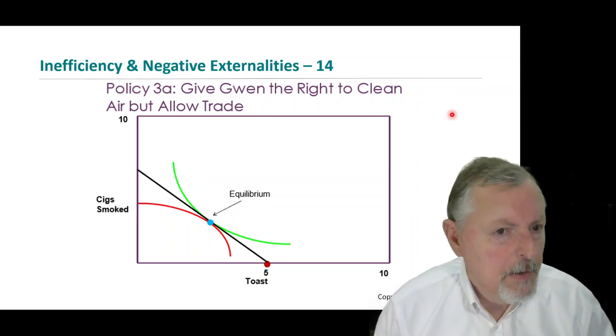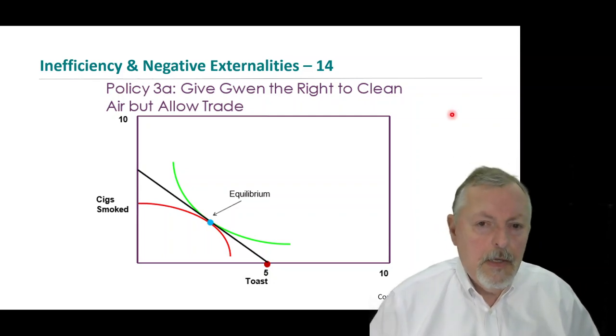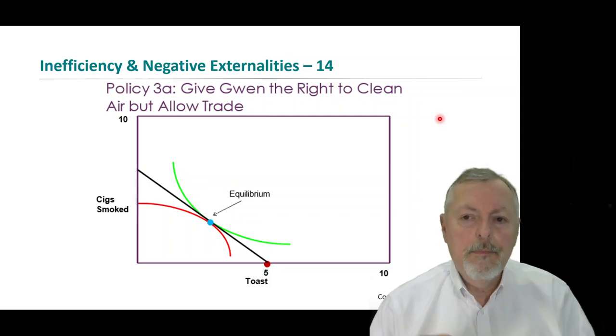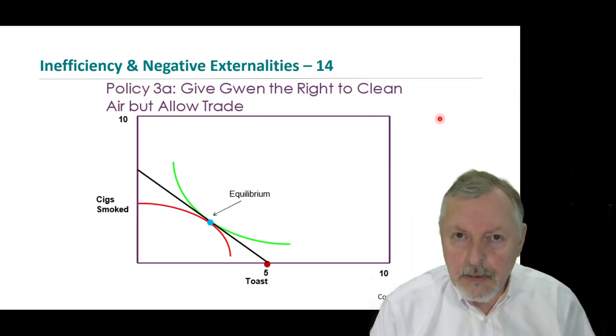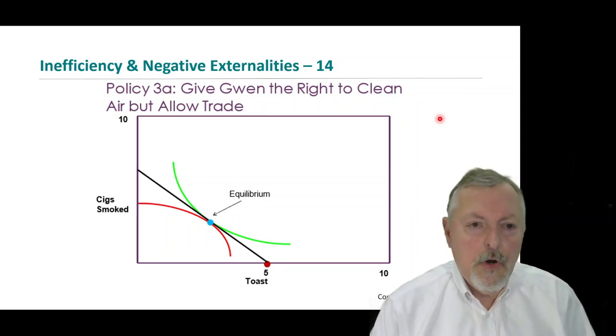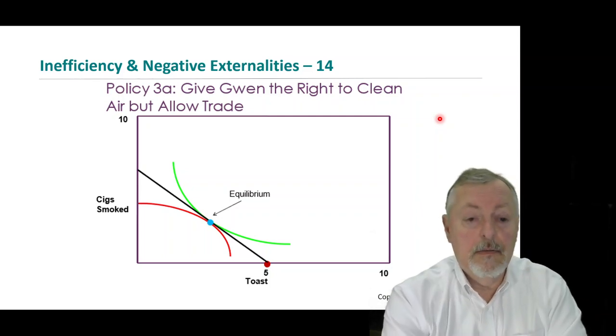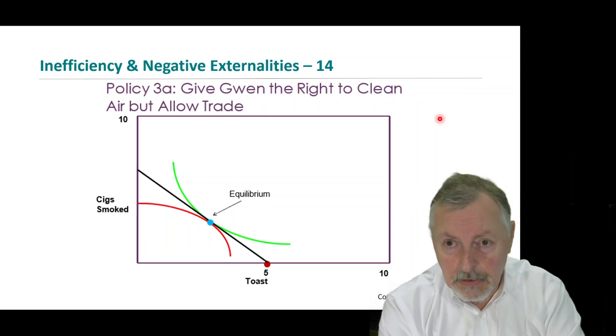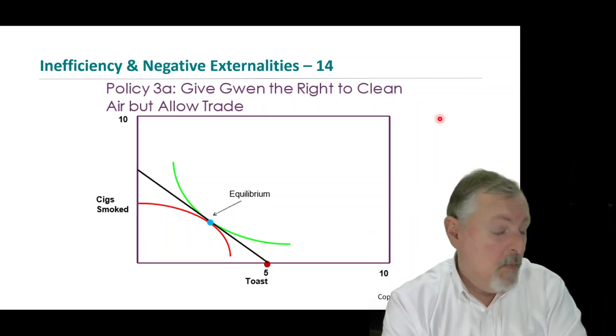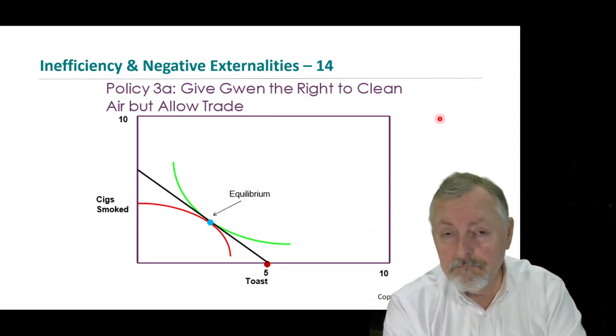Here's a third policy option. Give the non-smoker property rights in clean air. So Gwen, the non-smoker, has the right to tell the other person, the smoker, how much they're allowed to smoke, if any.